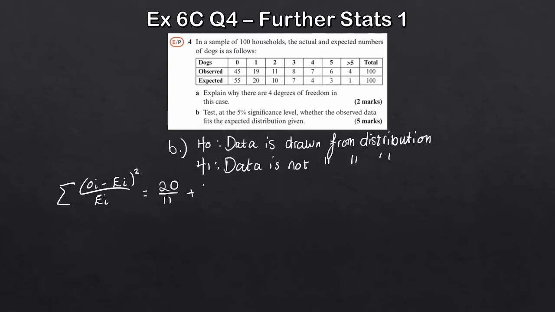Okay, so that'll give you 1 over 20, for example. So obviously if I just write the rest down, you should get 1 over 10, 1 over 7, and then 81 over 8. Okay, adding all them together, we get 12.236. Okay, so that is the test statistic.